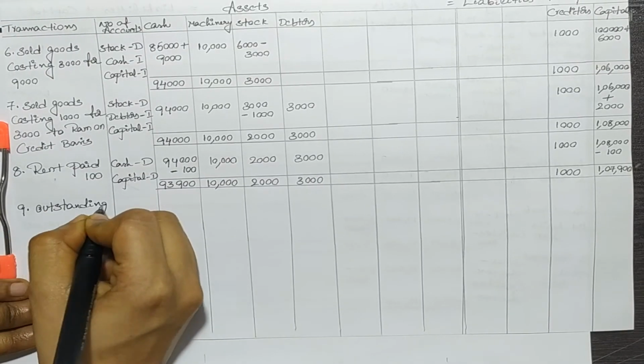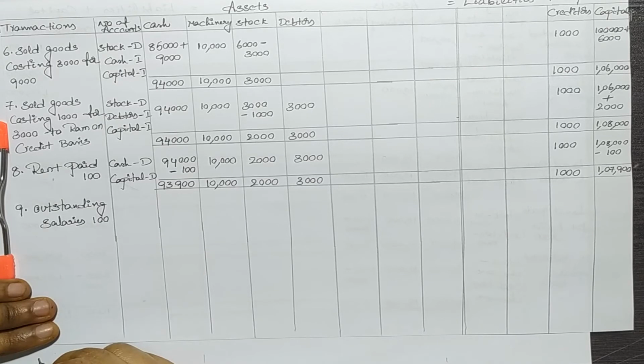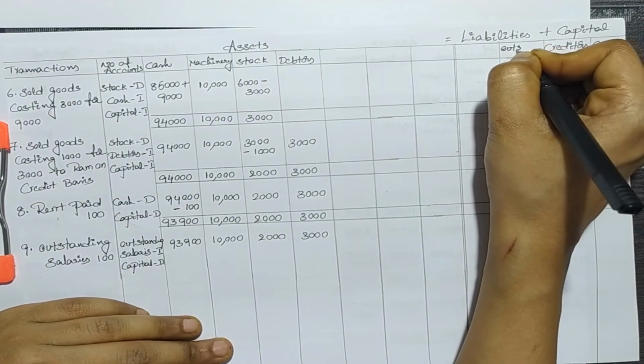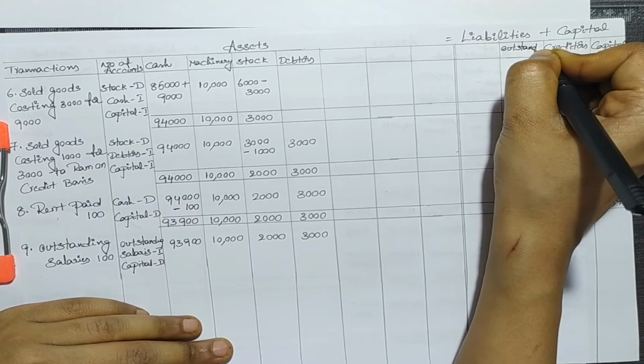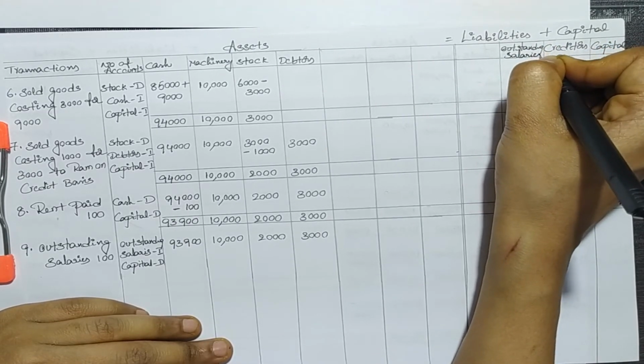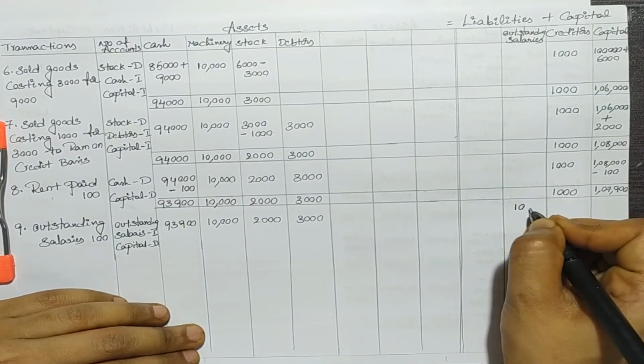Our next transaction is outstanding salaries 100. Outstanding salaries are nothing but the salaries that are yet to be paid. So outstanding salaries is a liability. Under asset side there won't be any change. On the liability side we will create an extra column for outstanding salaries and we will mention 100 in the new column, that is under outstanding salaries.